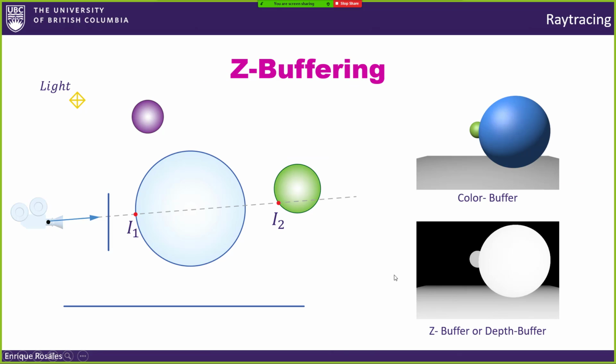So what we usually do is something called Z buffering, and this is important because Z buffering also applies to real-time rendering. We never discussed that when we were talking about the rendering pipeline, because I was waiting to discuss it here. But in real-time rendering it is basically the same.